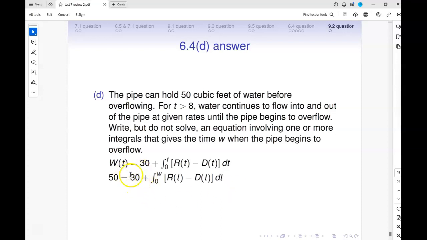So if this was the 48 point whatever, plus the integral from 8 to W of R of t dt, still equaling 50, that I think would have been okay. Or if you had subtracted that over and found the difference, you could do this in a lot of different forms that are all equivalent. And I think that was my last one, guys. Yeah, that's the end.